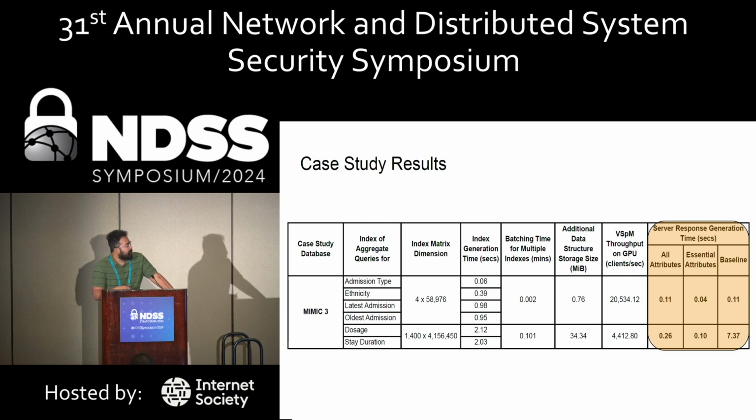Because in most cases, especially for the positional query schemes, most ITPIR schemes would require multiple rounds of interaction between clients and servers to produce the final result. And that would end up resulting in a total server response generation time that is a multiple of the times reported for the baselines here.